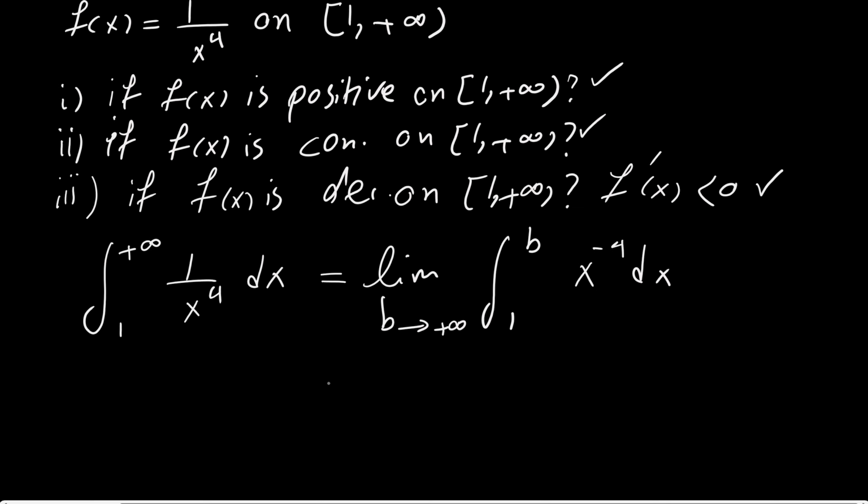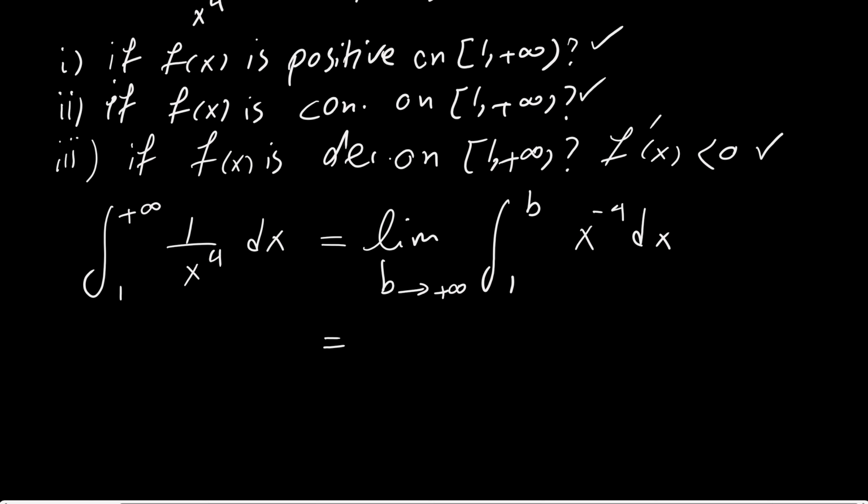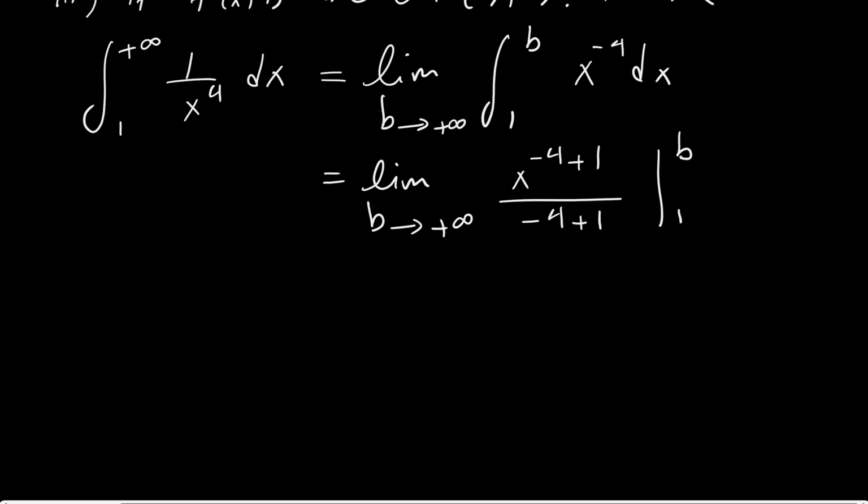How can we take the integral of x to power n? It is x to power n plus 1 over n plus 1. So it is the limit when b approaches positive infinity of x to power n plus 1 over n plus 1 from 1 to b.